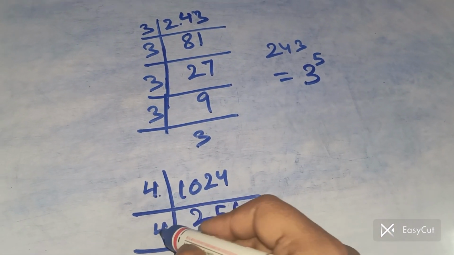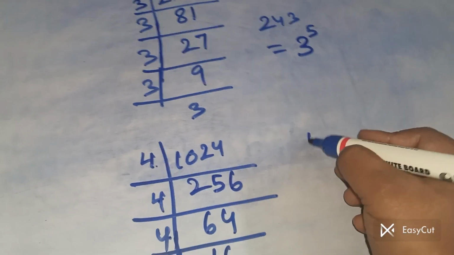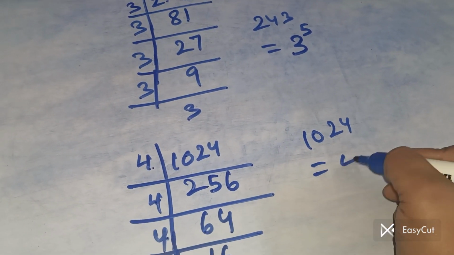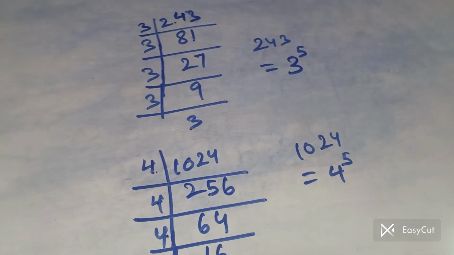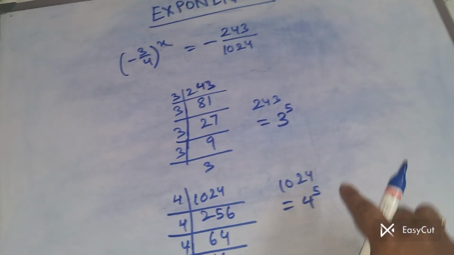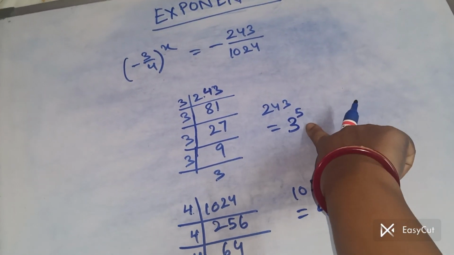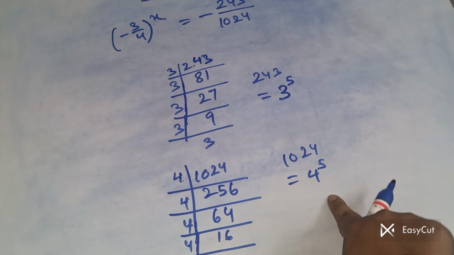See here also 1, 2, 3, 4 and 5. So 1024 means 4 to the power 5. 243 means 3 to the power 5, and 1024 means 4 to the power 5.